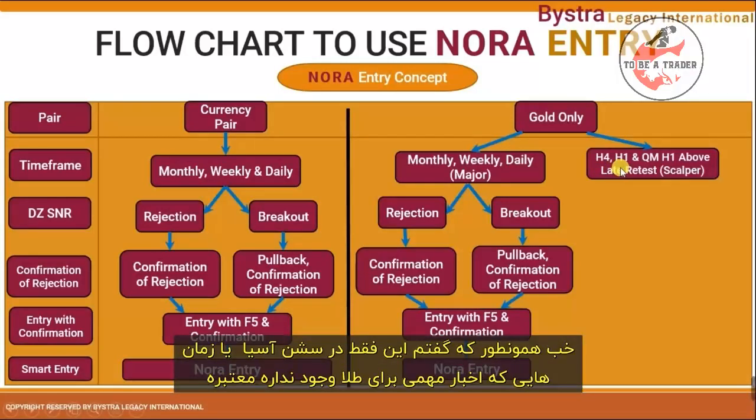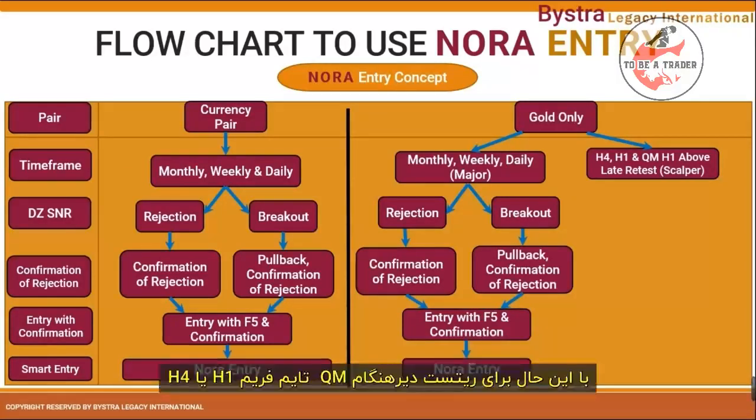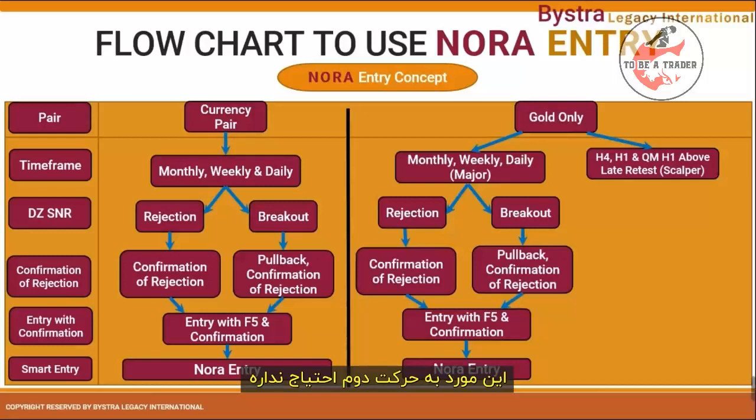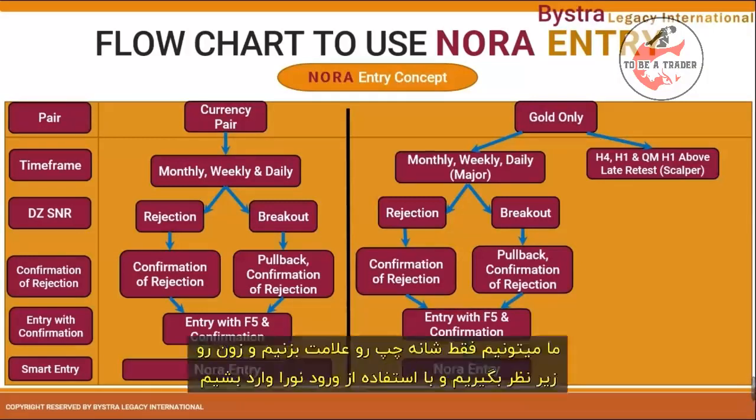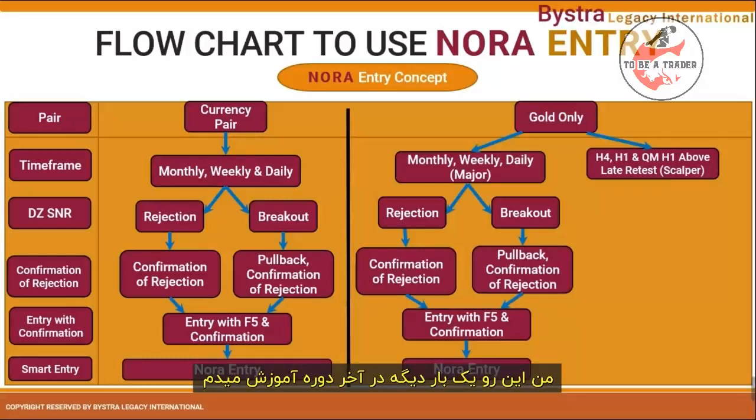Okay, this is only, as I said, valid during the Asian session or when there is no major news for gold. However, for the QM H1 or H4 time frame, for the LED retest, this one doesn't require the second movement. We can just mark the left shoulder and we will monitor the zone and we will entry using the Nora entry. I will teach this one again at the end of the course.